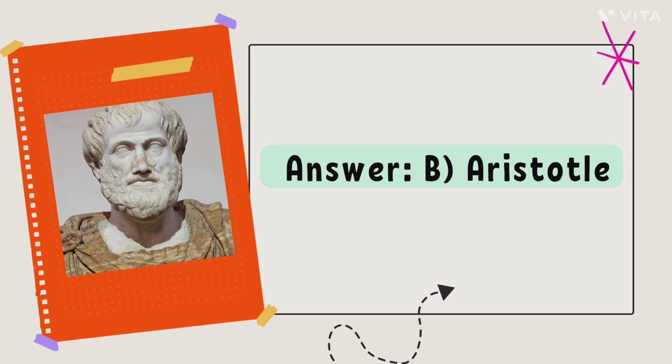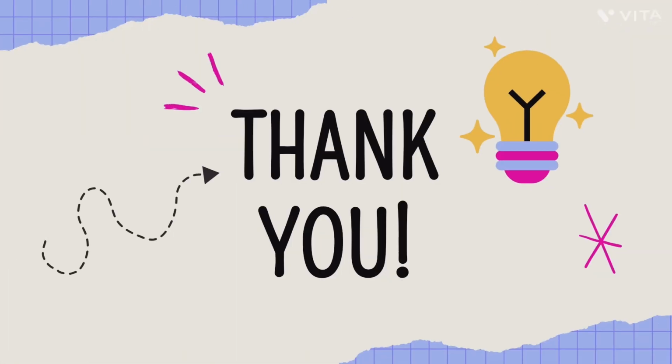Aristotle's Poetics is a seminal work on literary criticism, focusing on the analysis of tragedy and epic poetry. Also, it discusses various elements of literature, including plot, character, and catharsis, and has had a profound influence on classical and subsequent literary criticism. That's all about today's discussion.